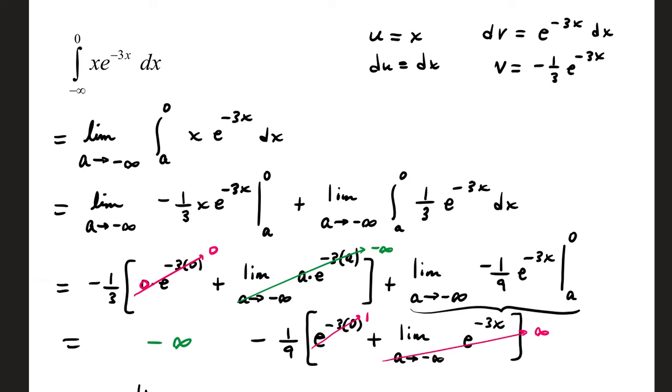We'll take the limit of that part, plus, and the reason it's plus is we go minus integral of v du, minus negative 1/3. That's why I put a plus sign here, minus negative 1/3. v du is 1/3 e to the negative 3x. Substituting in 0, negative 1/3, I pulled it out.